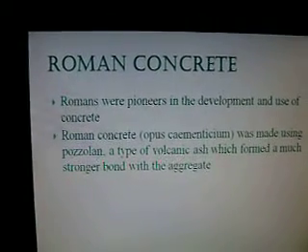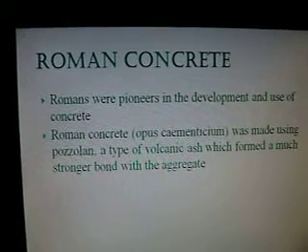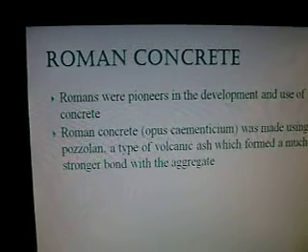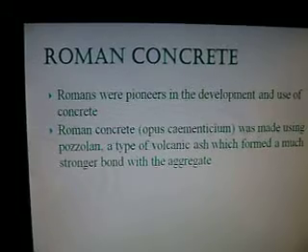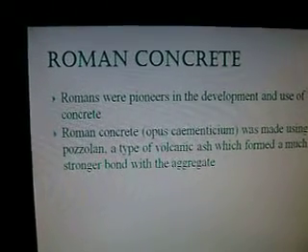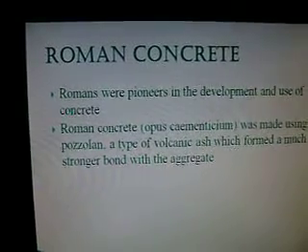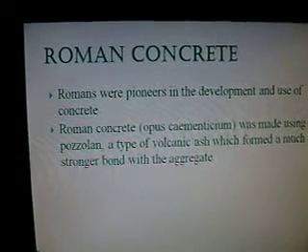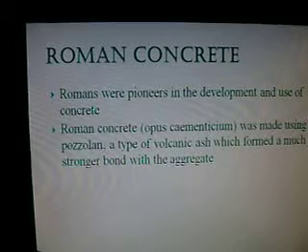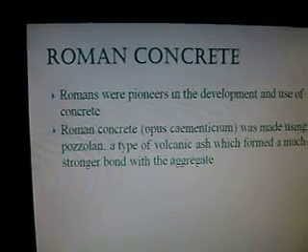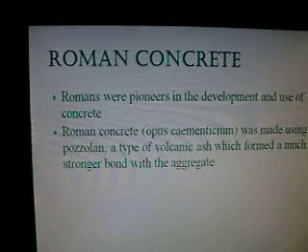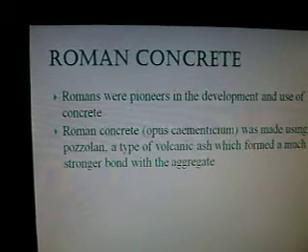And it's very similar to fly ash, which was used by the Bureau of Reclamation in a project in Utah called the Upper Stillwater Dam. They found many similarities between Roman concrete and the product that they used for constructing the dam.